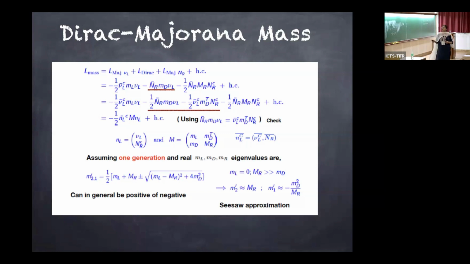Now yesterday someone asked me about the half. When I am writing a Dirac term and the Majorana term, I have to be careful that there is a factor of half taken because the degrees of freedom are half here, actually independent degrees of freedom. Now what we do is, we break this NR bar M_D nu L term into two terms. And I want you to check this. I will wait for 2 minutes and I want you to check that I can write this NR bar M_D nu L as this.